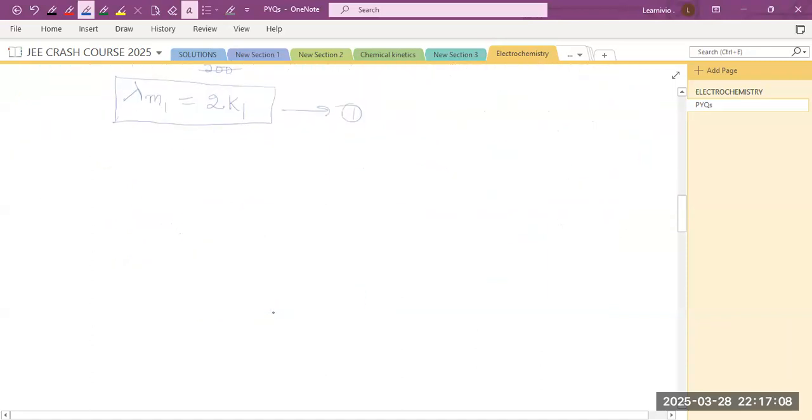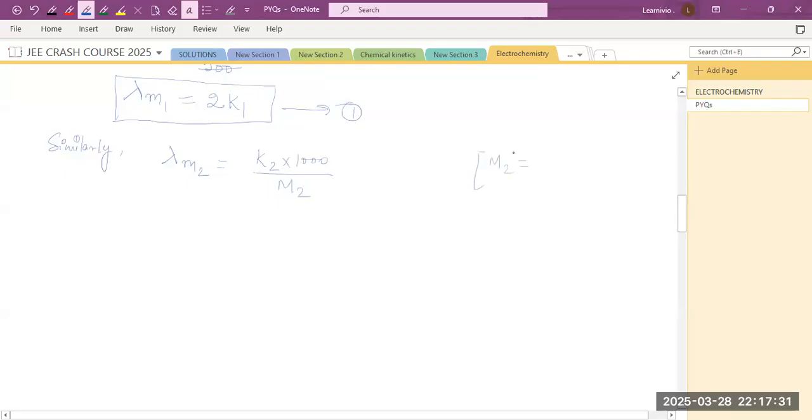Similarly, for the second solution, lambda m2 will be K2 into 1000 upon M2. Similarly, calculate the value of M2 over here.